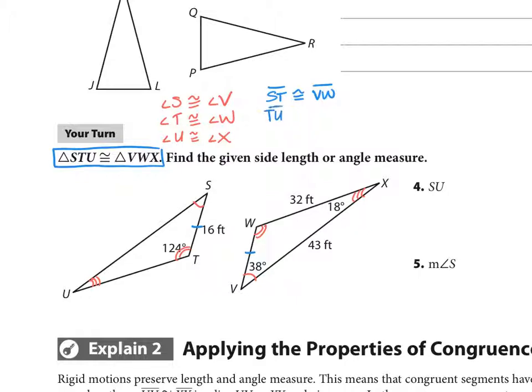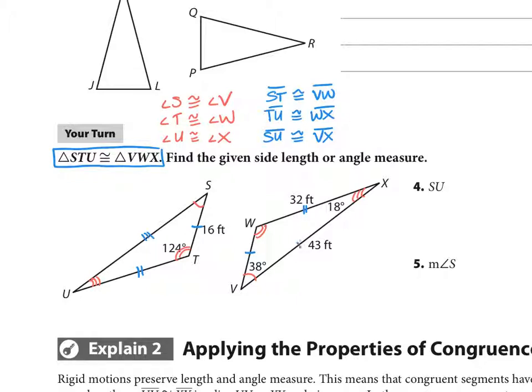TU is congruent to the segment WX. Again, mark that on the picture. And the final pair of corresponding parts is SU. That's the first and third letter. That's congruent to the segment VX.